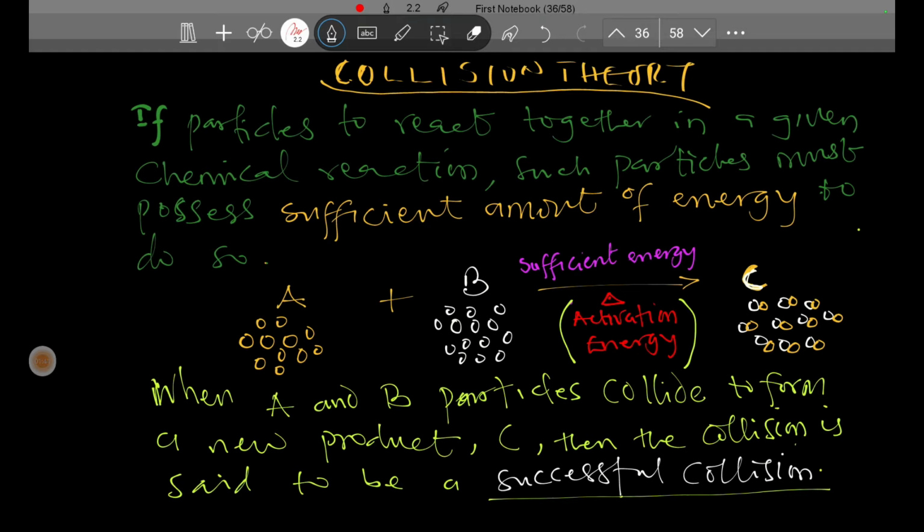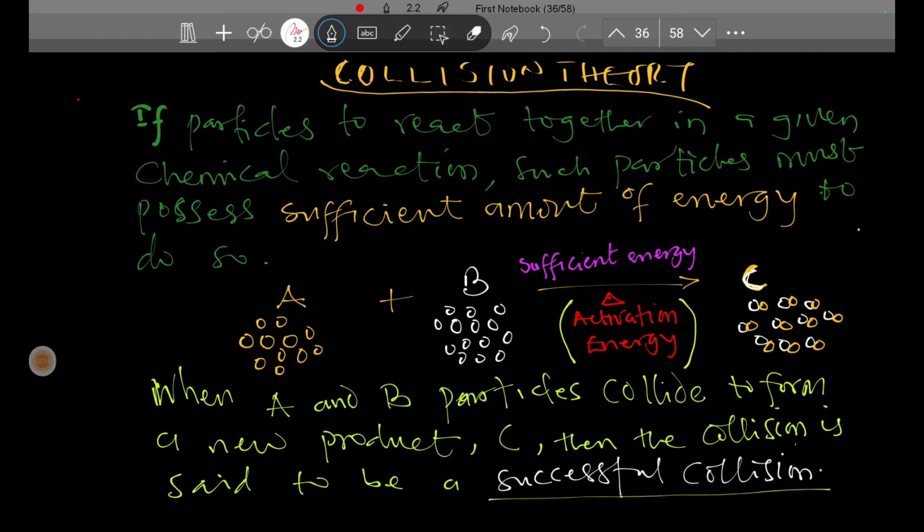Collision theory is very important when it comes to the IGCSE syllabus as regards the topic under consideration. You are to use collision theory to explain how temperature, concentration, pressure, catalyst, and surface area affect the rate of chemical reaction.